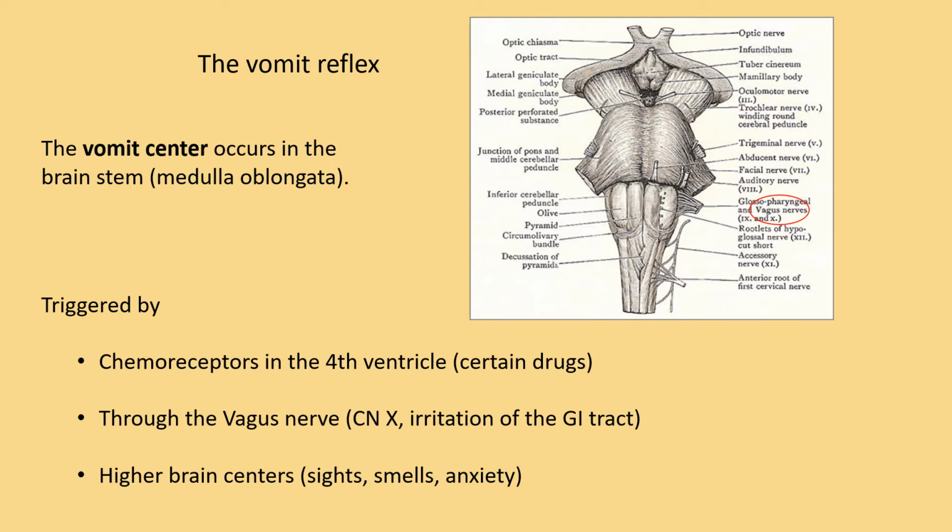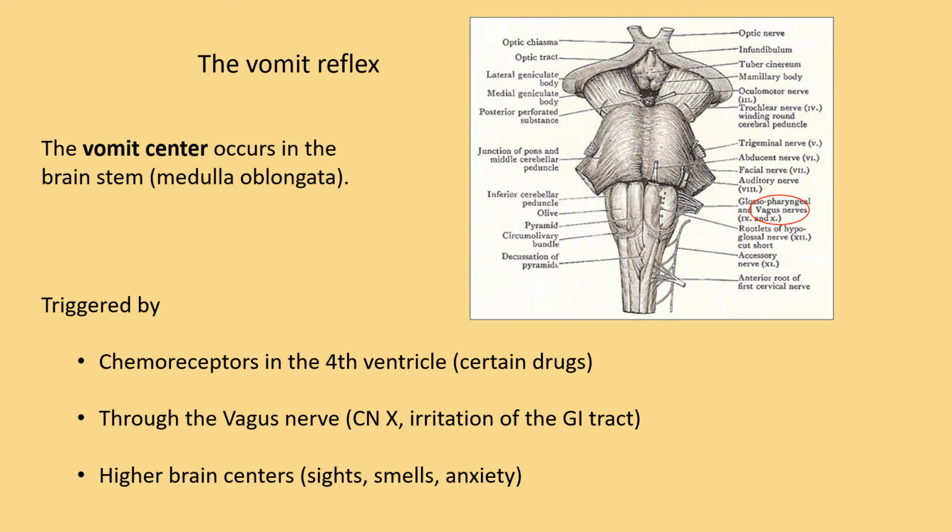Well, the vomit reflex can be triggered if some of the toxic molecules in that mushroom irritate the vagus nerve or irritate the lining of the GI tract, and that signal gets sent to the brainstem to induce vomiting. So you're getting the sense that this vomit reflex has a protective mechanism, right?